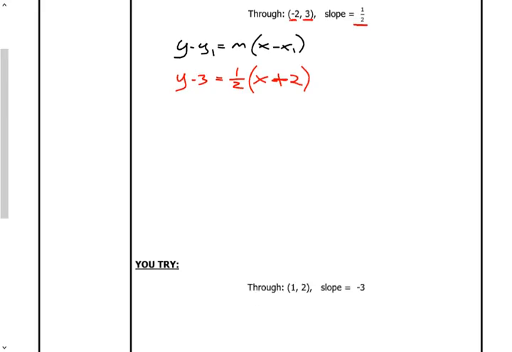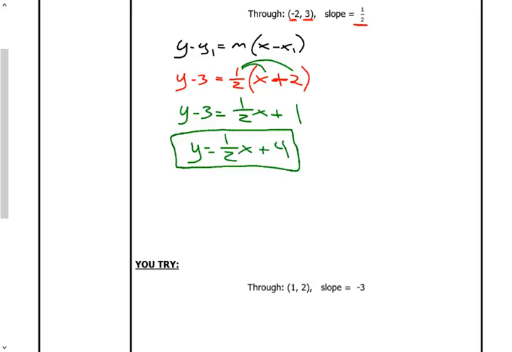So our job is to distribute this 1/2, and then add 3 to both sides. There's my answer. And unfortunately, there wouldn't be a great way to verify this in your calculator.